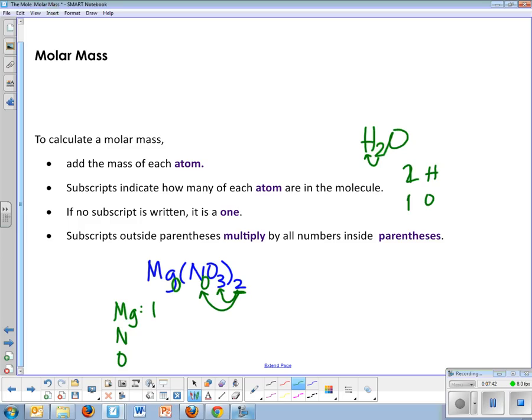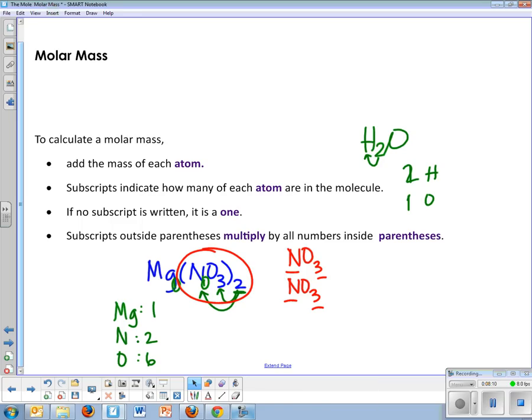So 2 times 1 is 2, so there are 2 nitrogens. Oxygen, well, I have 3 of them in my parentheses, but I have 2 outside, so times 2. So there are 6 oxygens. Another way to think of just this piece with the 2 outside the parentheses, you could think you have 2 groups of NO3. Okay, so you have 2 nitrogens and 6 oxygens, 3 and 3.